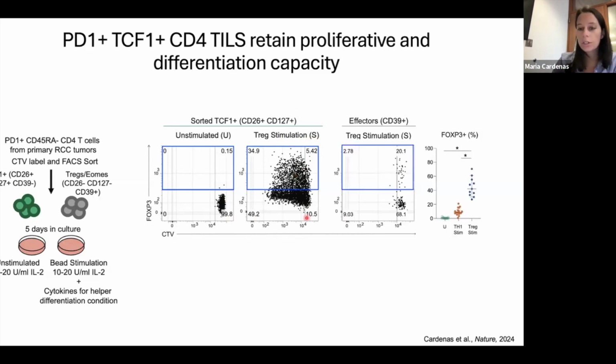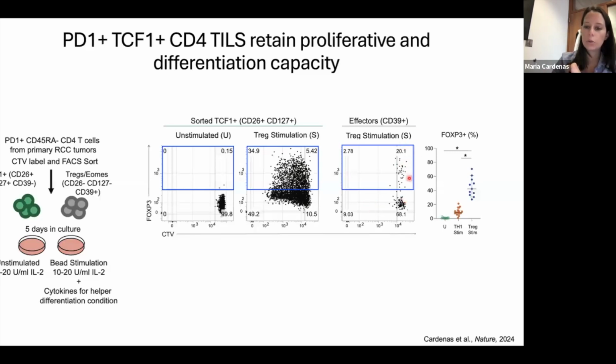In stark contrast, though, if we place the effectors, also all the CD39 positives, if we do individually Tregs and/or EOMES in each stimulation condition, these effectors have lost the capacity to proliferate, right? They maintain their phenotype.